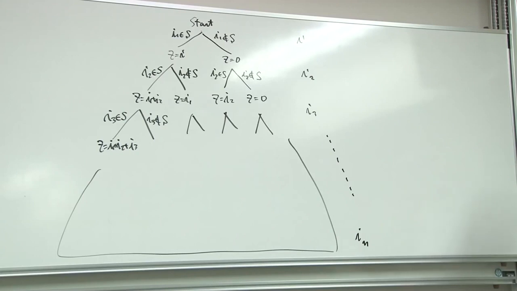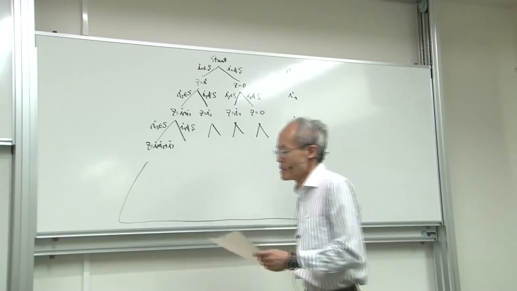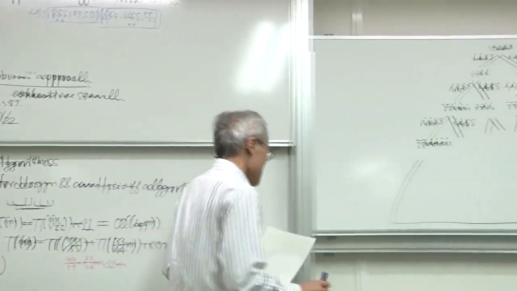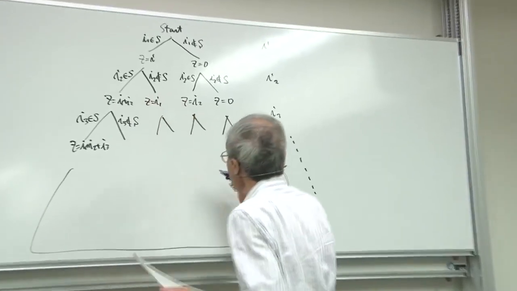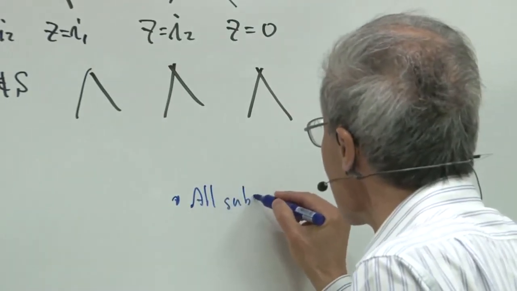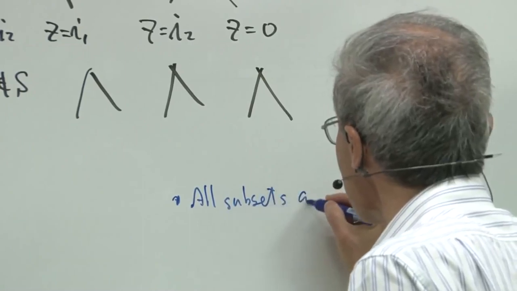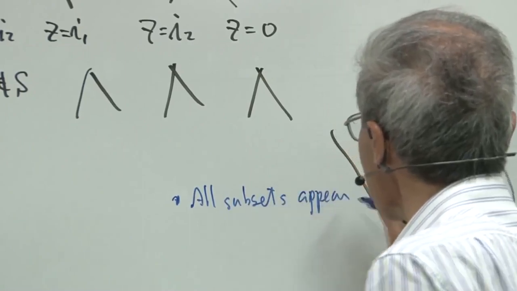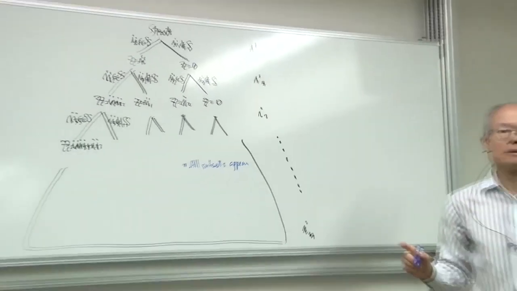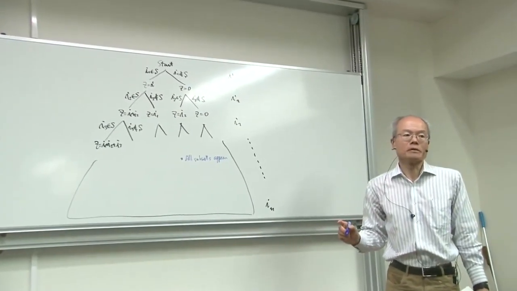Then you can see that every subset appears somewhere.